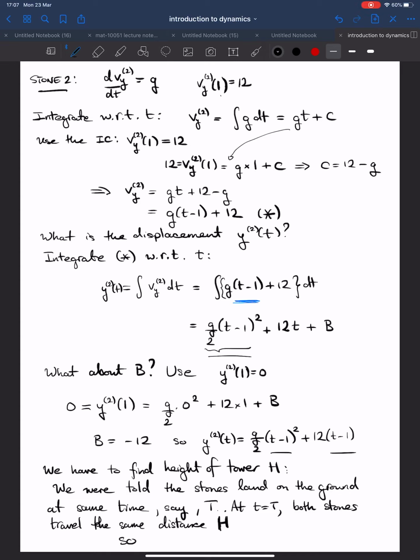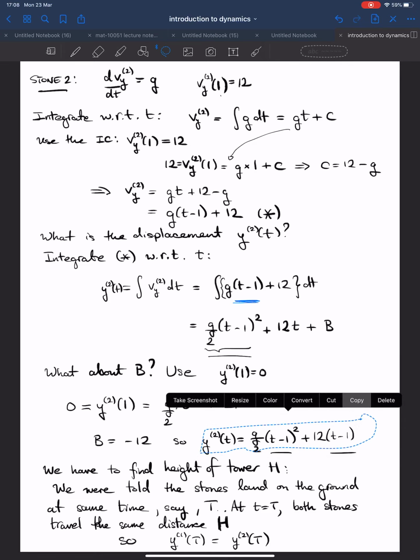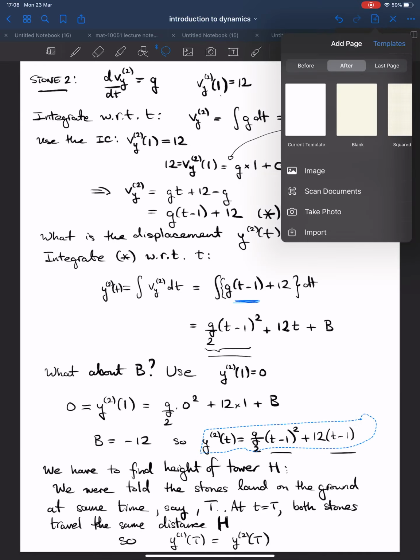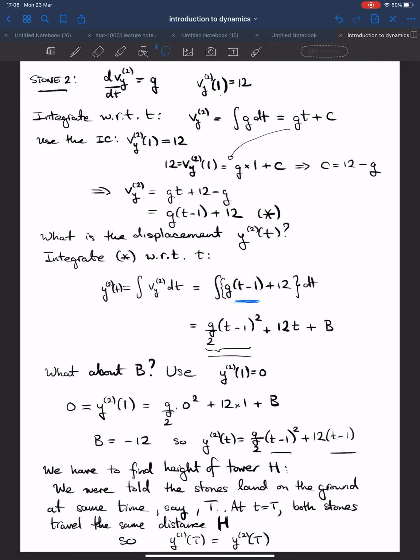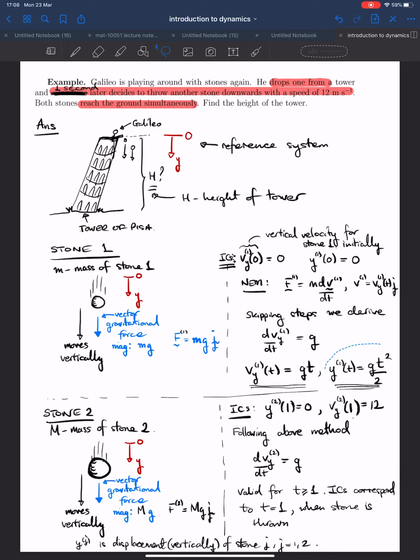so before I move to another page, y1 of capital T has to equal y2 of capital T. Now, because I'm unable to remember things that we've done in the last page, I'm going to have to just do the usual copy and paste job. So let's put all of this together. So we have this, great, don't have to worry about initial conditions. Then what else? Where's y1? Oh yeah, y1 you may have forgotten about. It's all the way over here.